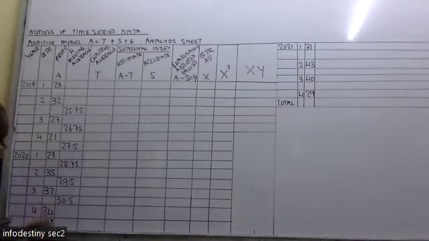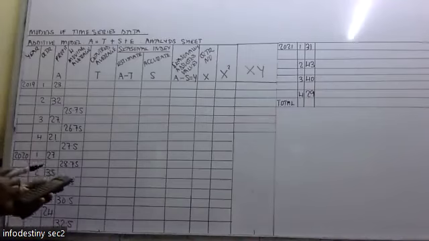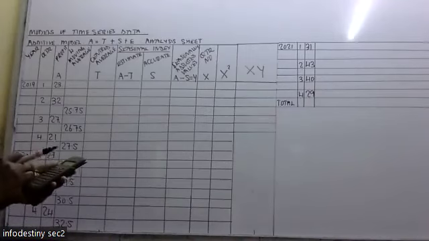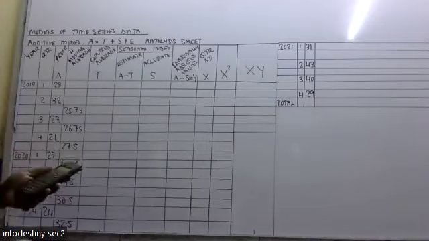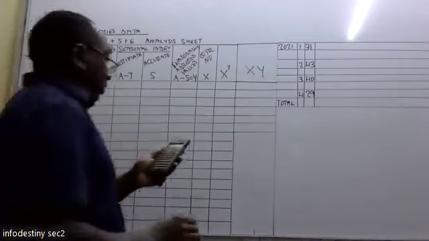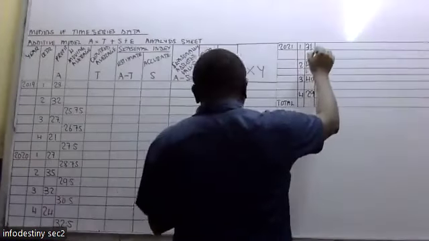We get 32.5. Now we drop that 32. We take 24 plus that 31 plus 43 plus 40. Divide by 4. It's 34.5.